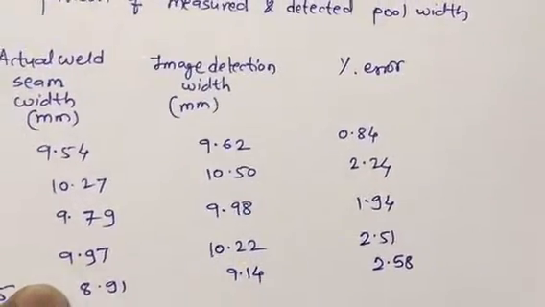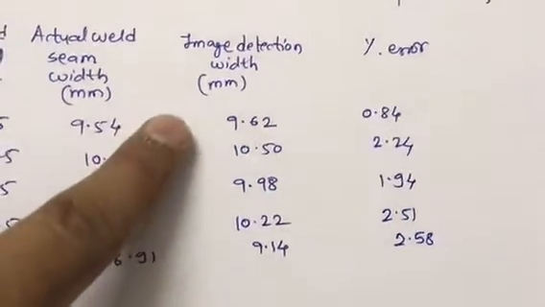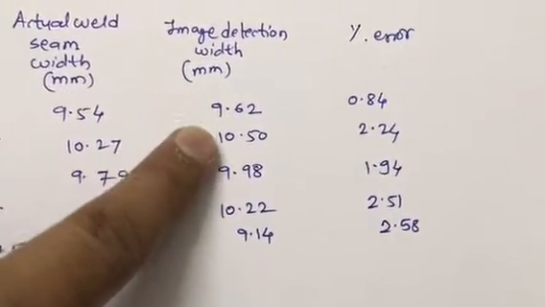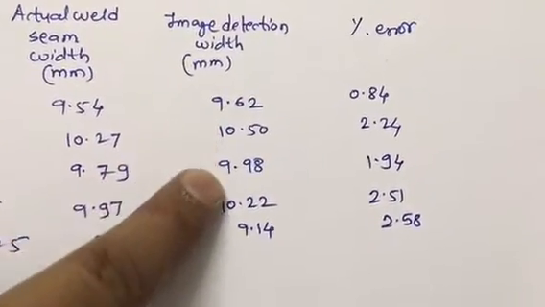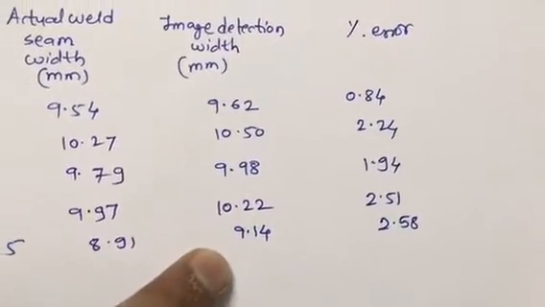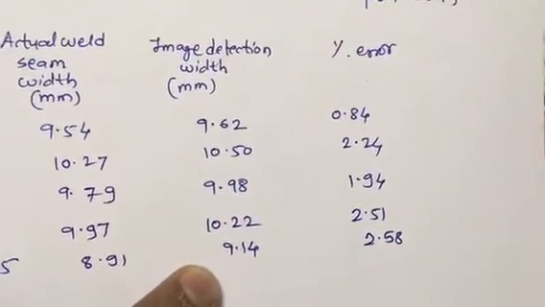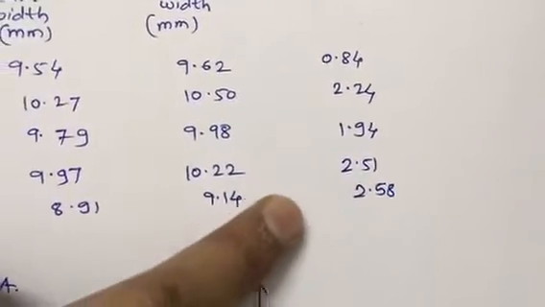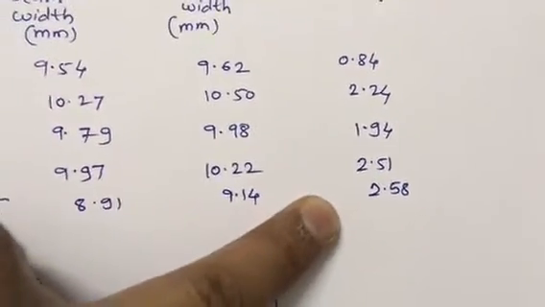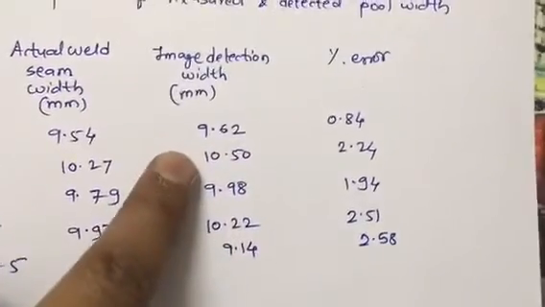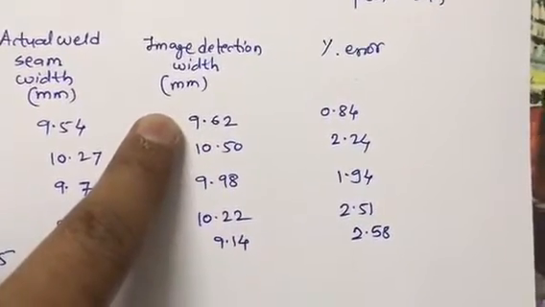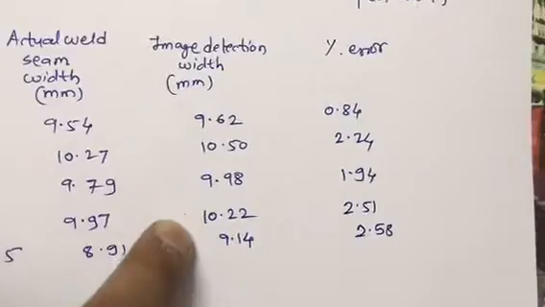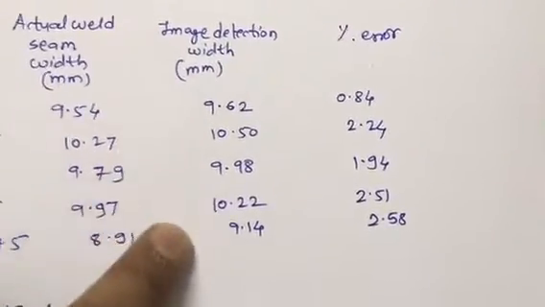And then image detection width. This is what we have seen on the page number 3, which is 9.62 and up to 9.14. So the percentage error is 0.84 up to 2.58, which is considerably less. This means that the author succeeded to identify the image width of the weld quality, isn't it?